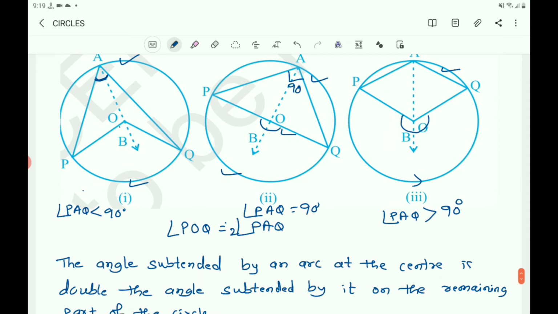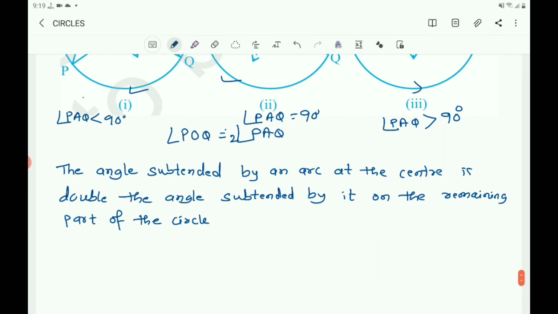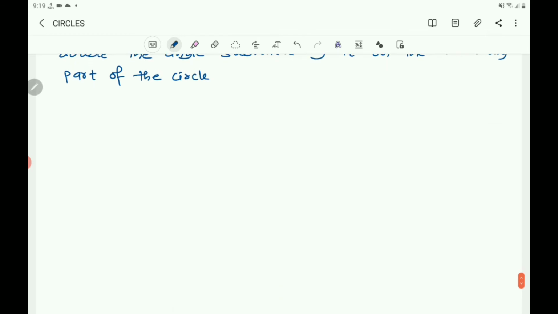So let us write. Angle in the major segment is acute angle.